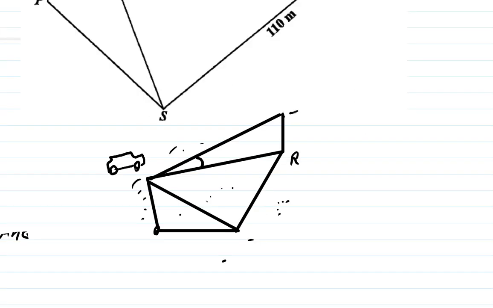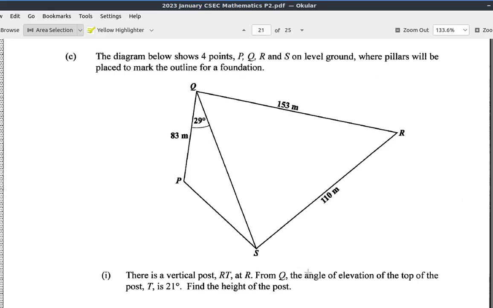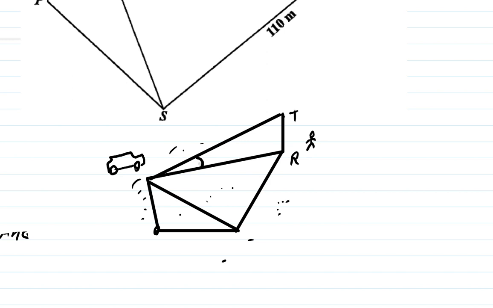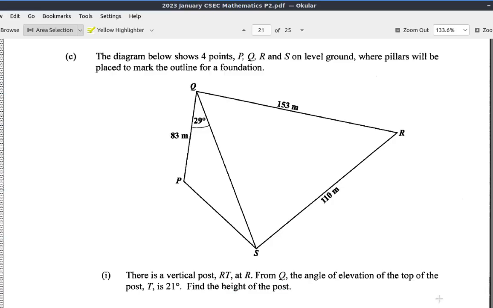So T would be at the top, and somebody standing here. Alright. Now, the angle of elevation is 21, so this angle here would be 21 degrees. And you must find the height of the post.